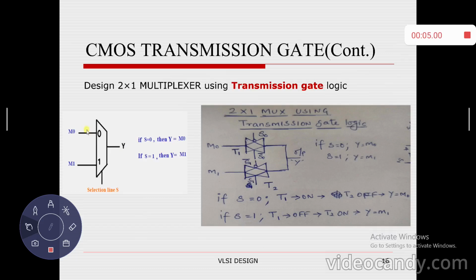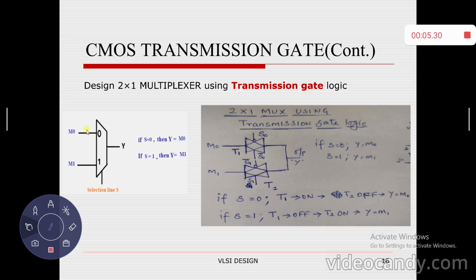So when selection line S equal to 0, M0 will be selected. If S equal to 1, then output Y will follow M1. So this is the transmission gate logic for designing a 2 cross 1 multiplexer. It comprises transistors T1 and T2, under control of selection line S. If S equal to 0, T1 will be connected and T2 will be disconnected, so the output will follow the M0 input.